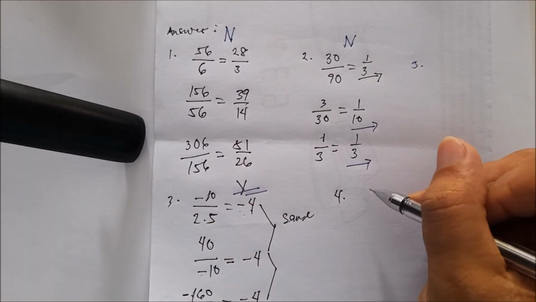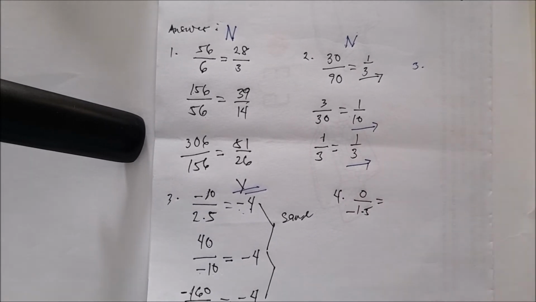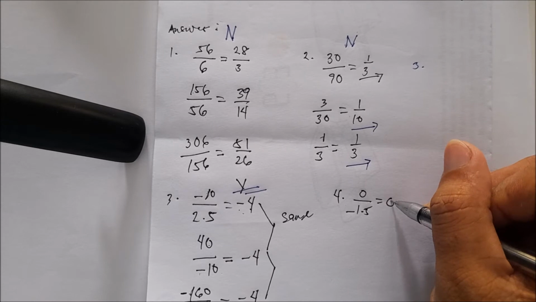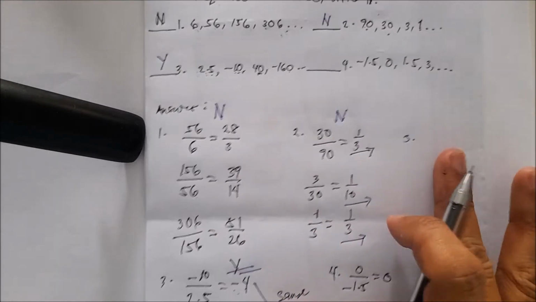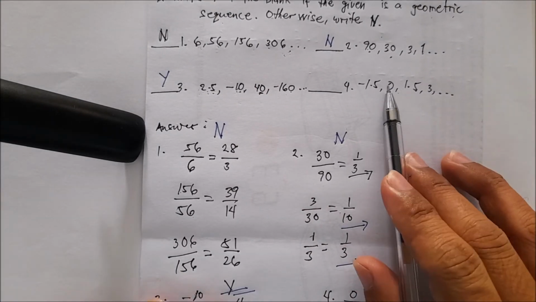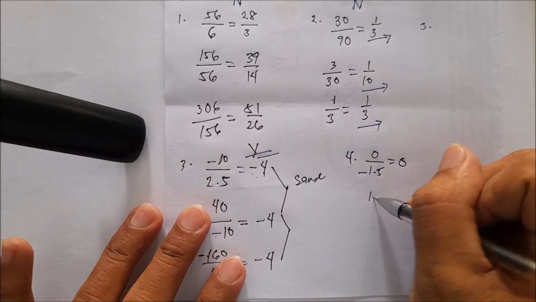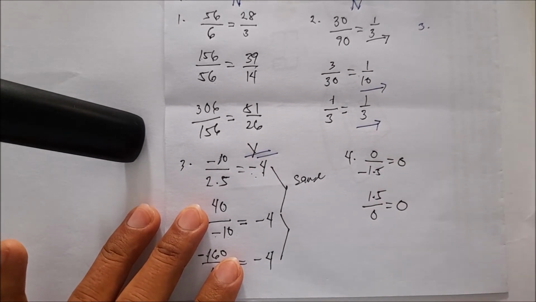Divide 0 divided by negative 1.5 is equals to 0. Right? Now, let's try again. 1.5 divided by 0 is equals to 0.